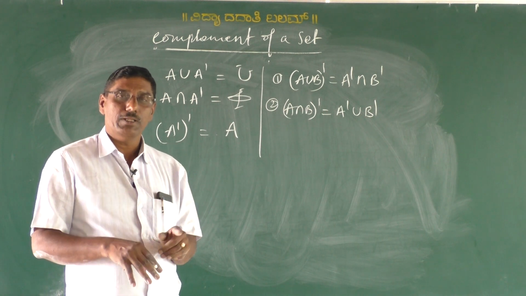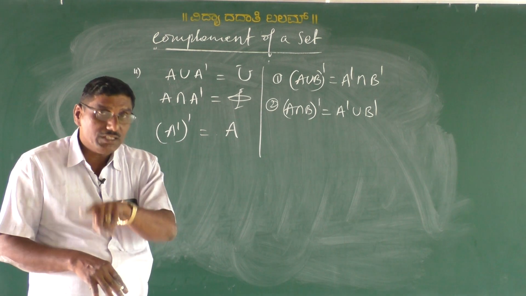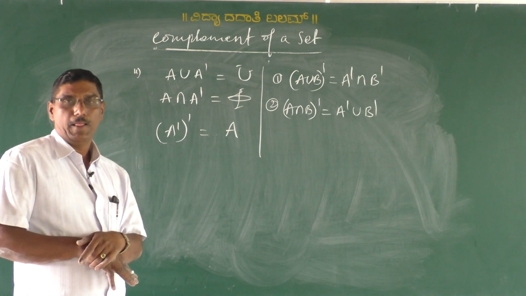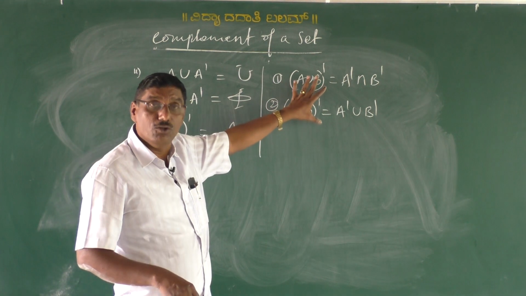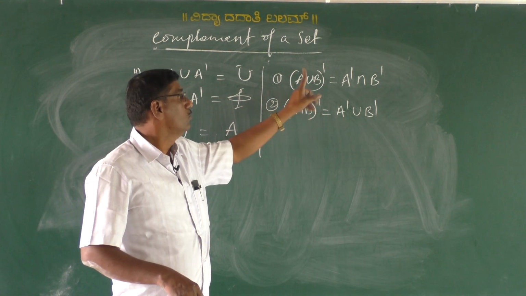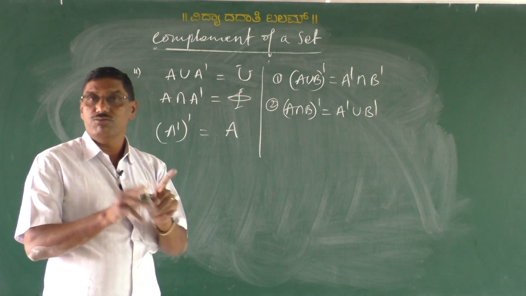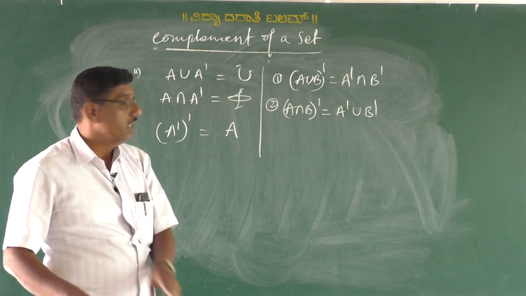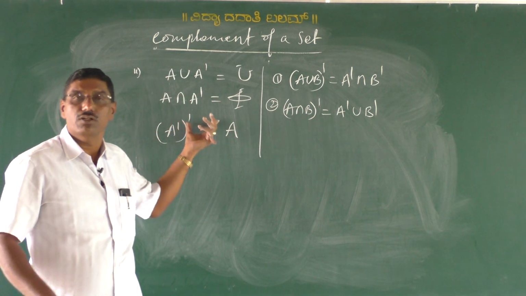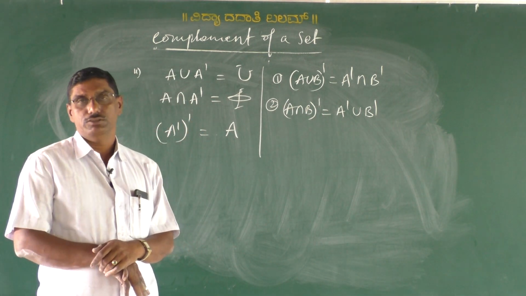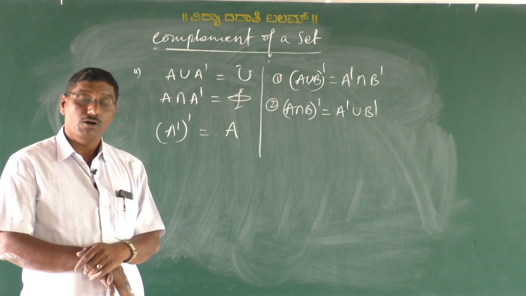Therefore, here by considering the universal set and two sets A and B, we can find A dash, B dash, then we can verify. This is also another operation on sets. Are you understood, all of you?